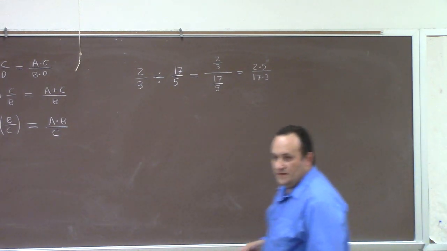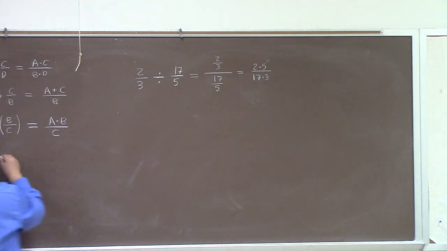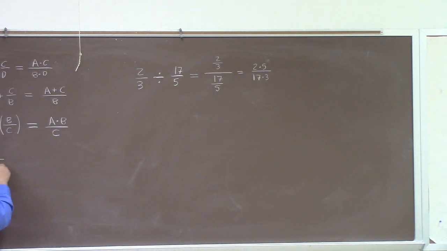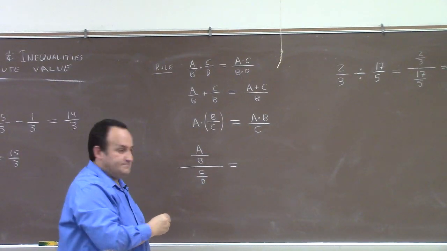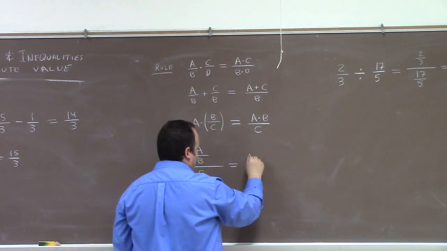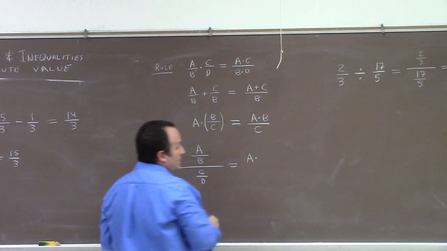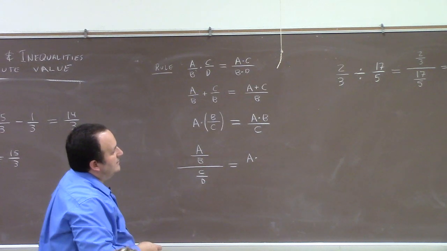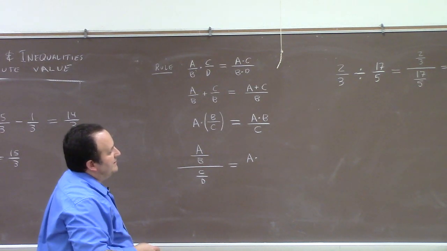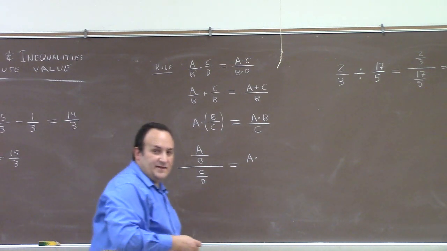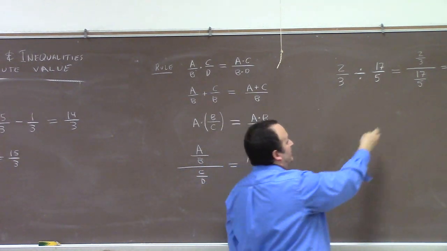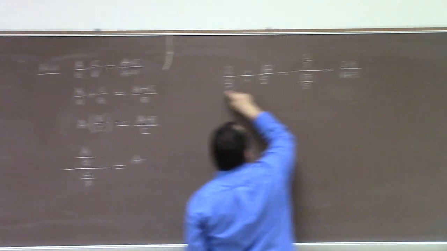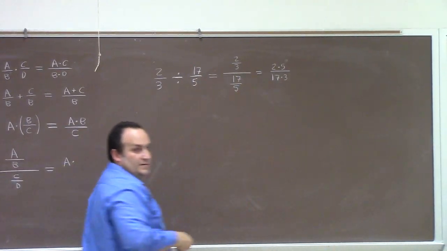In other words, if we have A over B over C over D, is the rule kind of like cross multiply, you put 2 and 5 on top? Pragmatically speaking, if you want to think about it in terms of cross multiplication, that's not wrong. 2 times 5 goes there, 3 times 17 goes down here.